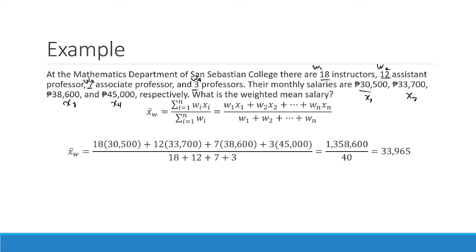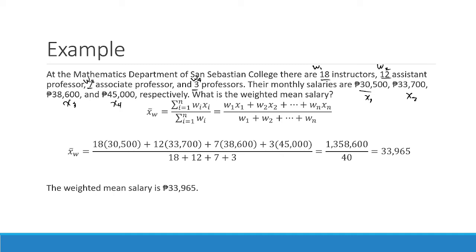This is how it would look. We have our weight 1, which is 18, multiplied by x1, which is 30,000, up to our weight 4, multiplied by x4. Basically, we have 33,965. So the weighted mean salary is 33,965. As easy as that.